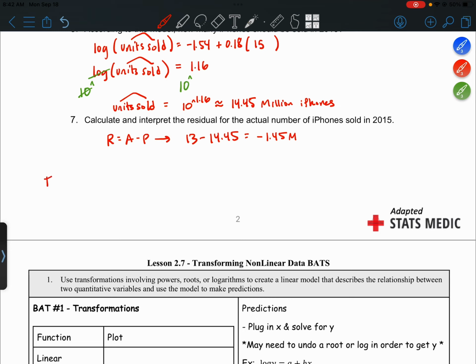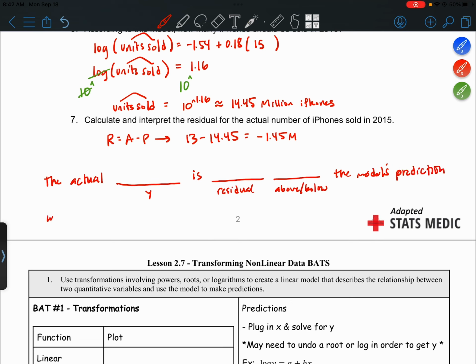So we want to say something like, the actual Y value with context is residual units above or below the model's prediction when X is equal to a certain number. All right, so that's the generic sentence frame, and now we'll fill in the keywords.